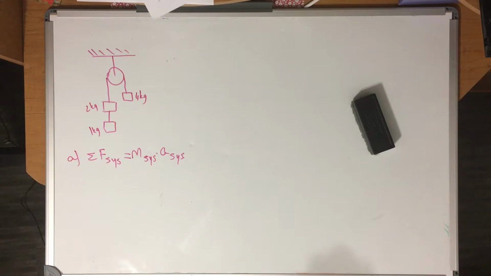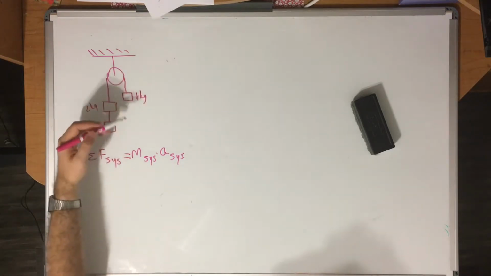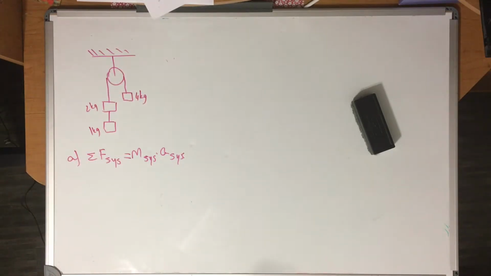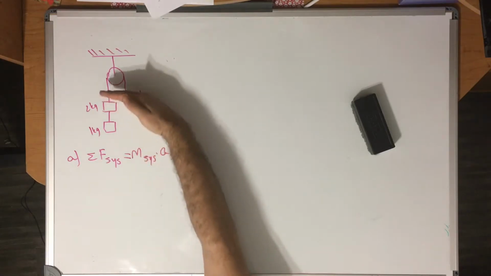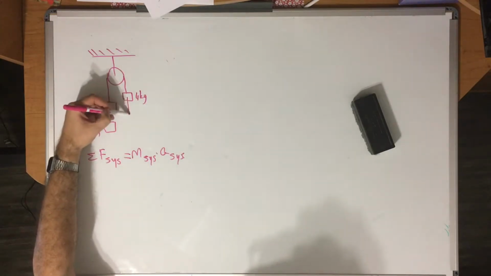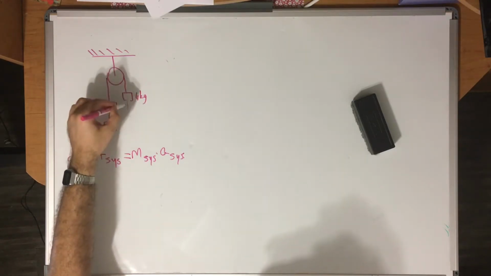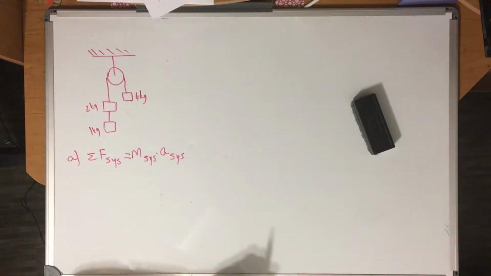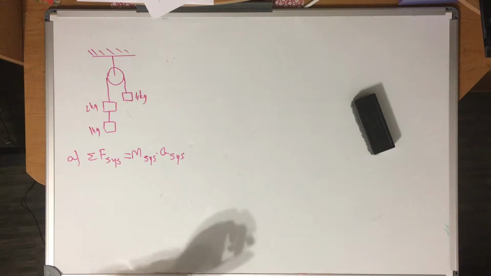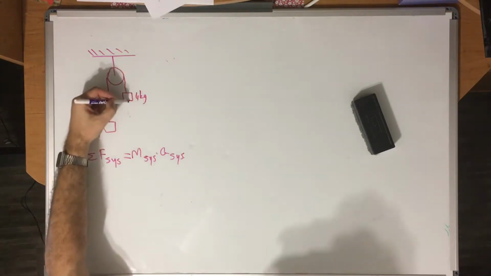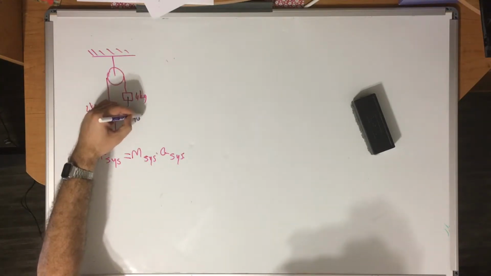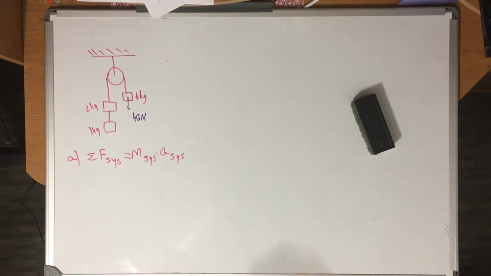And in this case, if you think about it, 4 kilogram object has some gravitational force acting on it, and this guy is pulled down by that gravitational force in this direction, and that is going to be basically 4 times 10, that is going to be 40 newtons down. So on the right side of the pulley, you have some 40 newtons of force pulling that system down.